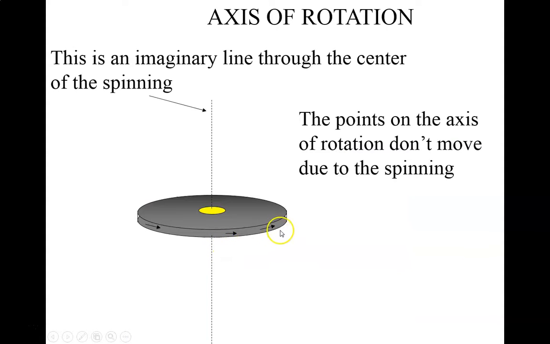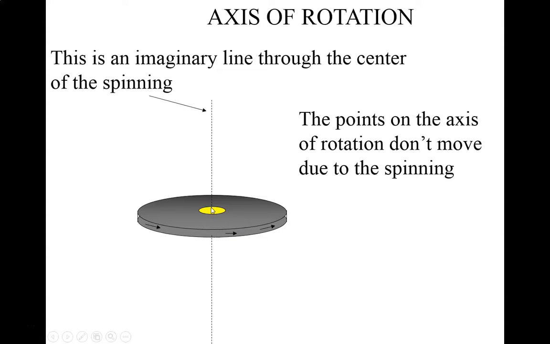So anyway, first off, real quick, the axis of rotation. When something is spinning or rotating, there's a point about which every other point on that object is spinning around. It's an imaginary line going through that object where every other point is spinning around, and that's known as the axis of rotation.